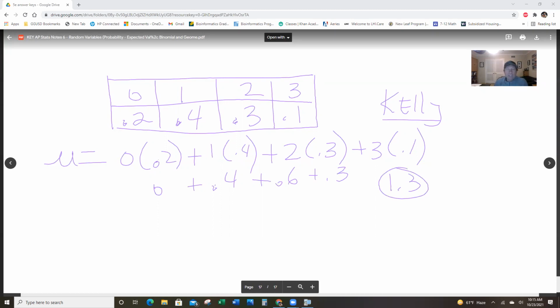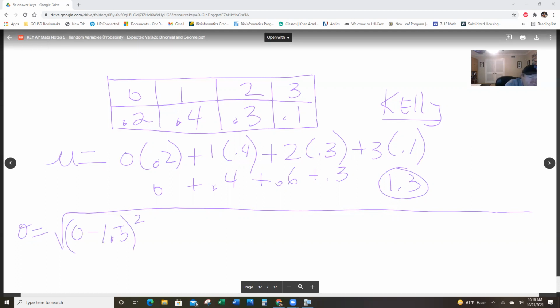Now, the standard deviation of this is going to be this, okay? Very long problem. Let me try to get it in here. It's going to be 0 minus 1.3 squared times 0.2, okay?